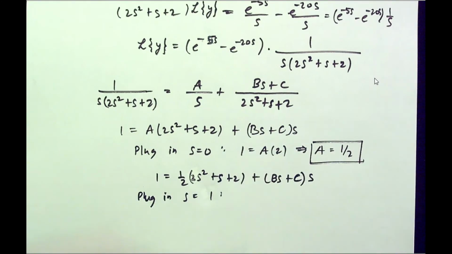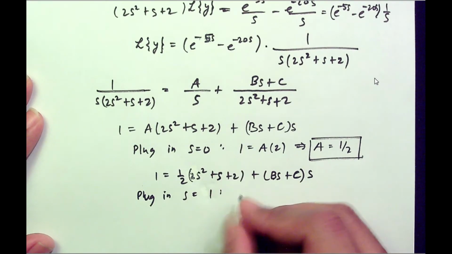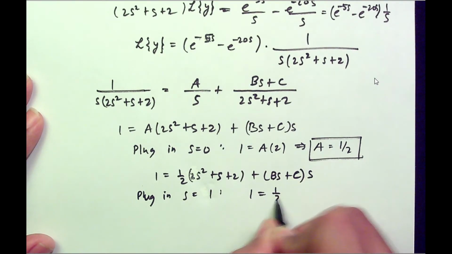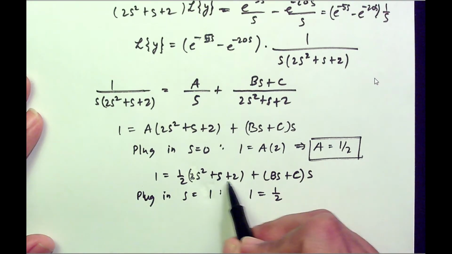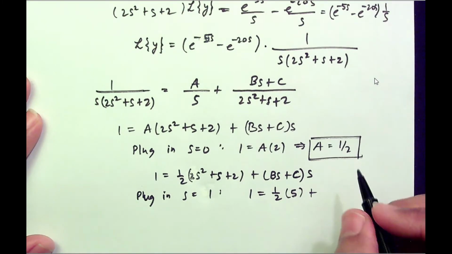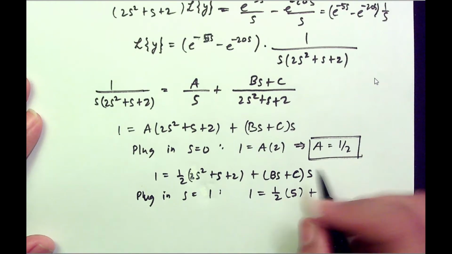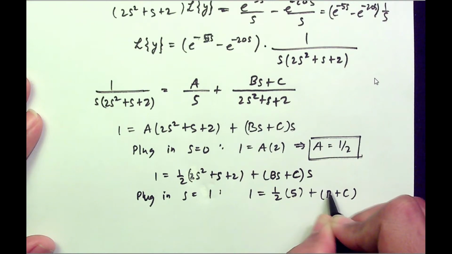Okay, let's start with s equals 1. So we're going to get 1 equals a half times 2 plus 3 plus 2, so that's 5, plus, plugging in 1 for s, b plus c times 1.